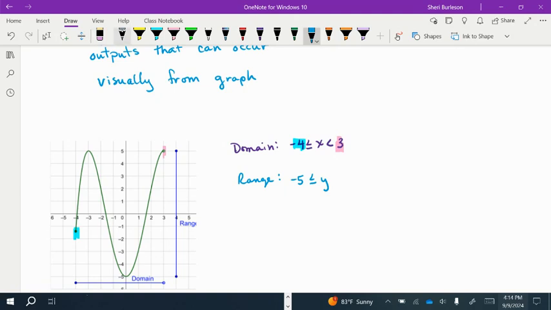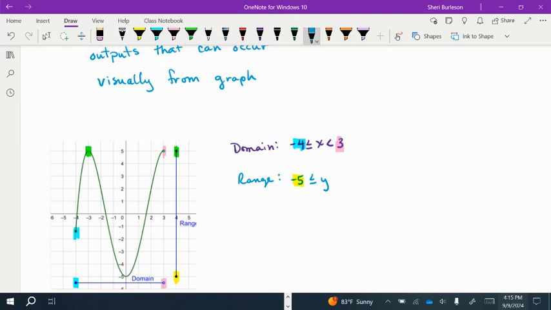So you can see here, when I looked at my domain, filled in circle, open circle, but here the function actually takes on that value. So it is an equal to, and then here, it is also an equal to, because even though it is an open circle at this point, the function does take on that value at the other point.